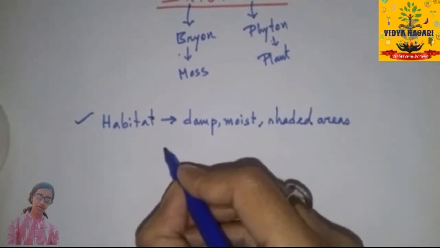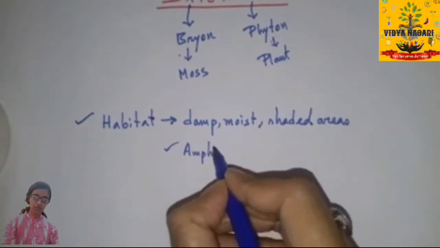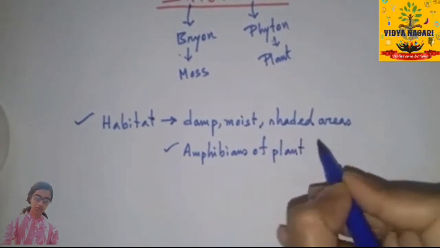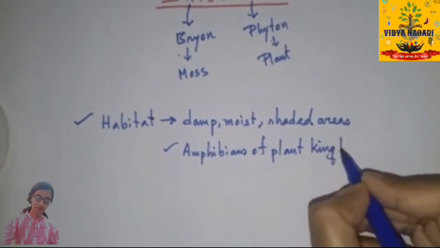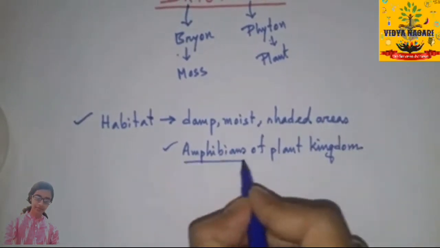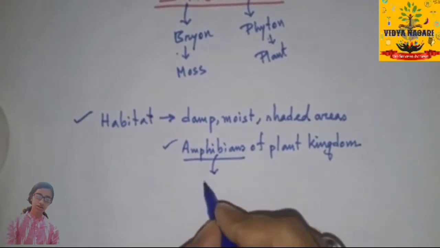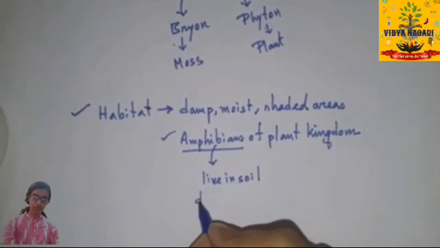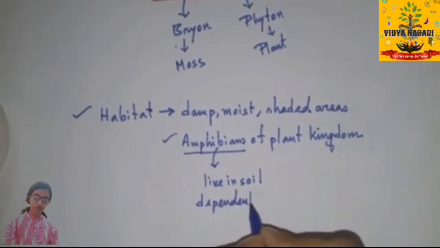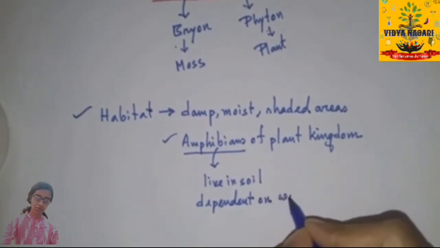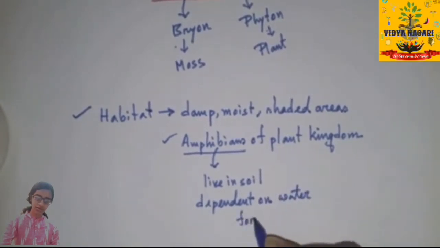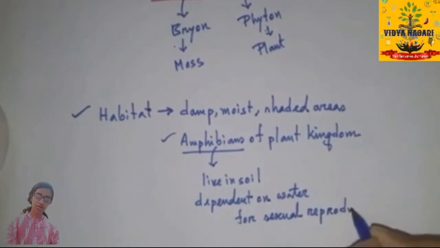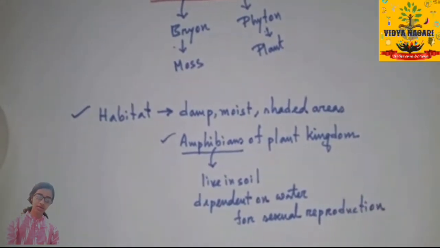They are also known as amphibians of the plant kingdom, because they can live in soil, but they are dependent on water for their sexual reproduction, and so they are known as amphibians of the plant kingdom.